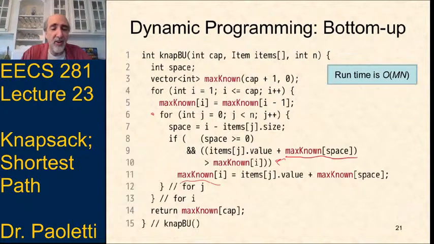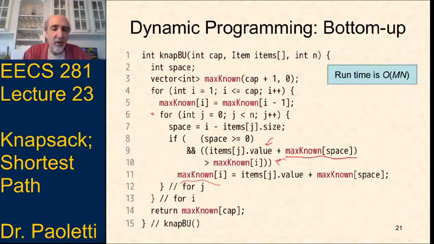It's already the best there can be. So I look up the best value for the smaller knapsack, I add the value of this item, and if that's better than max known of i, I know a new max known of i. So I update max known of i.